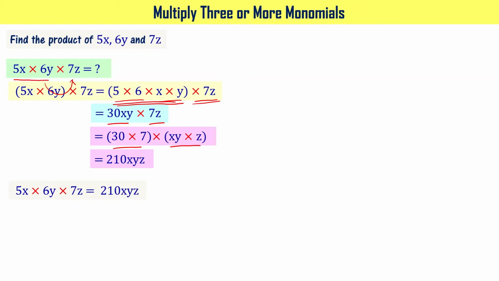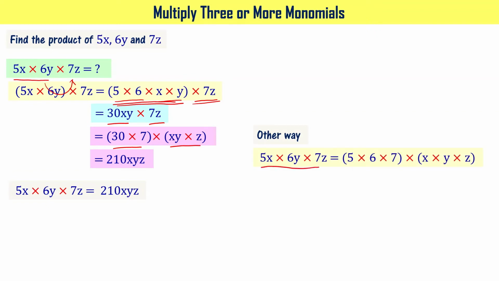This can be solved in other way also. That is, I'm multiplying all the monomials in one shot, all the constants in one place and all the variables in other place later. So 5 times 6 times 7 is 210. X times y times z is xyz, right?